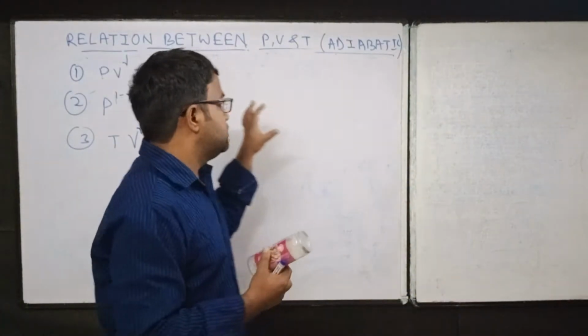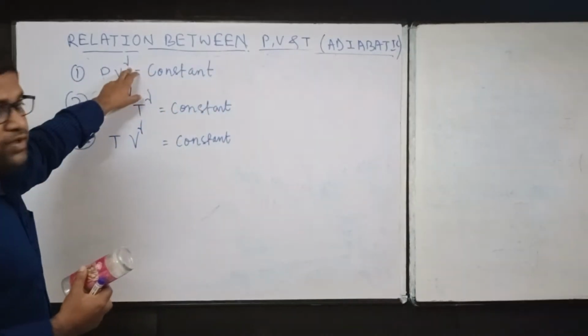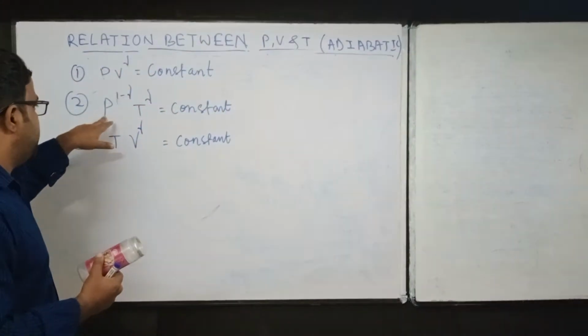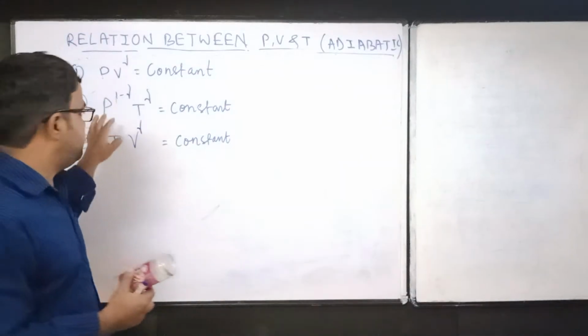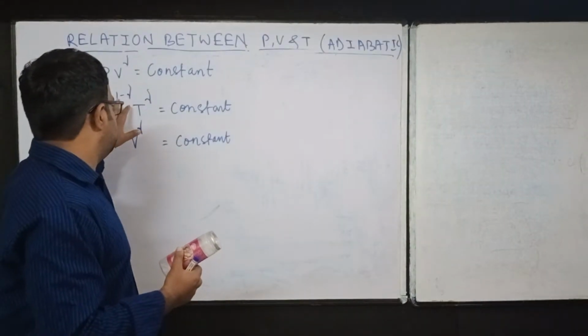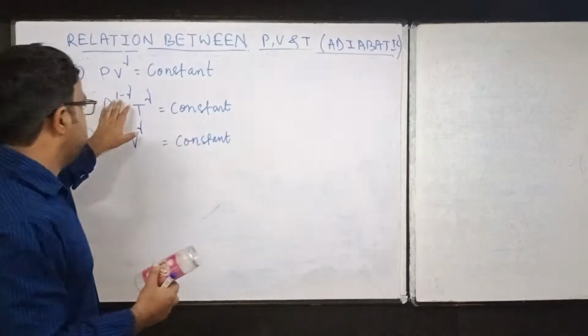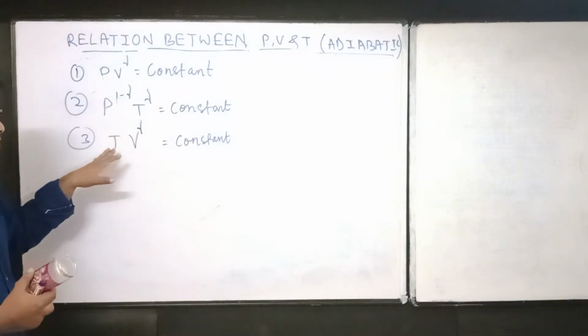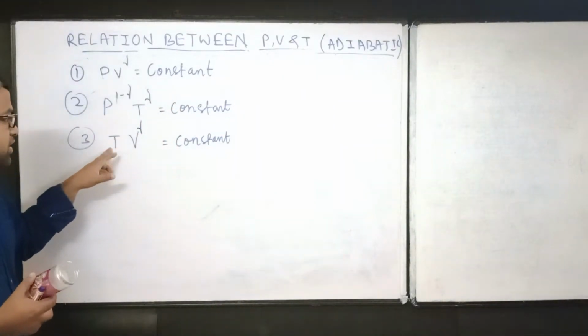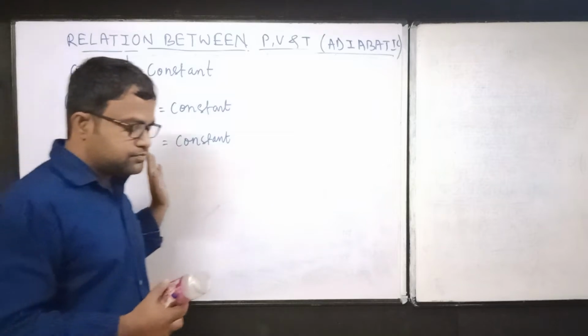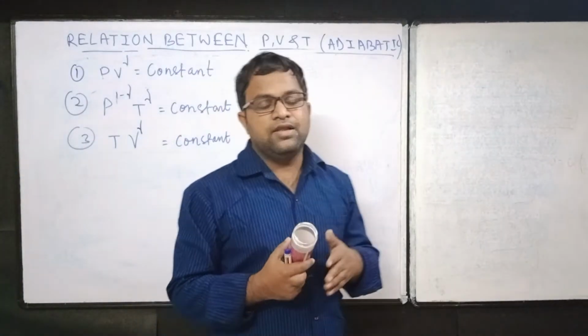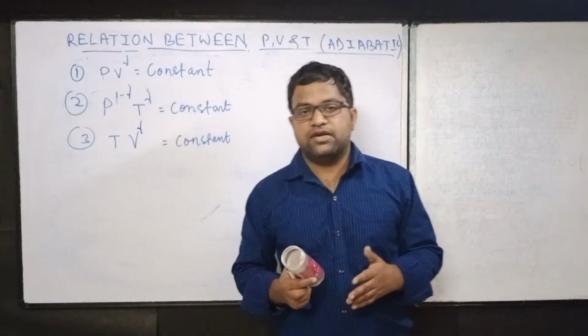So this ratio we have written here as gamma, and the relationship between pressure and temperature will be P to the power 1 minus gamma T to the power gamma is a constant, and for temperature and volume, T V to the power gamma minus 1 is a constant. So in this video we will establish all these three relationships.